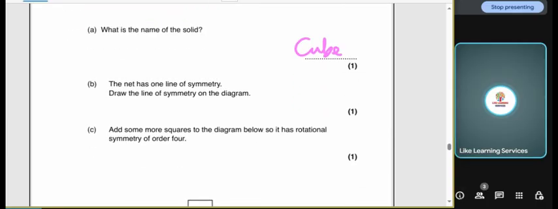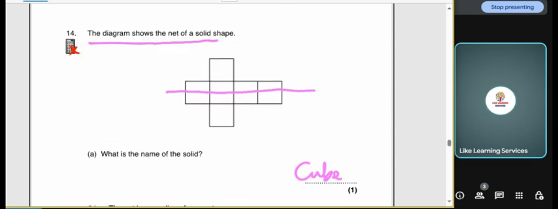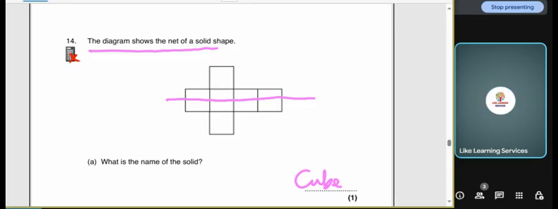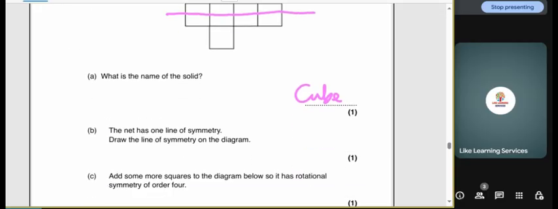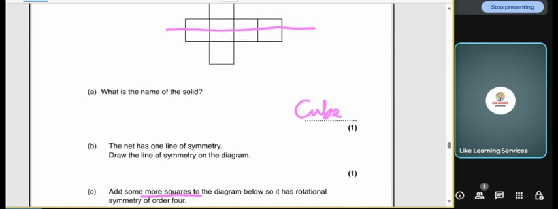Then it says add some more squares to the diagram below so that it has rotational symmetry of order 4. Add as many as you can.